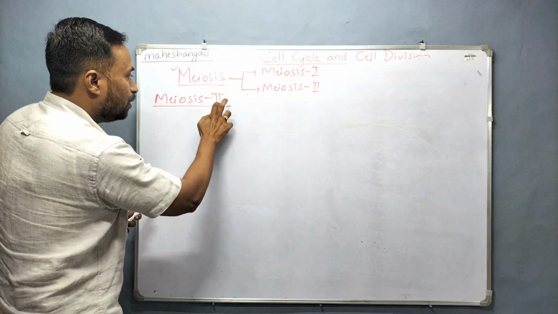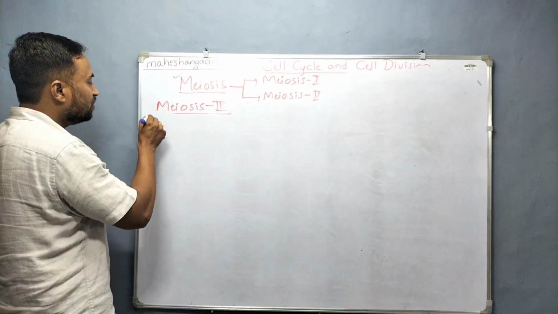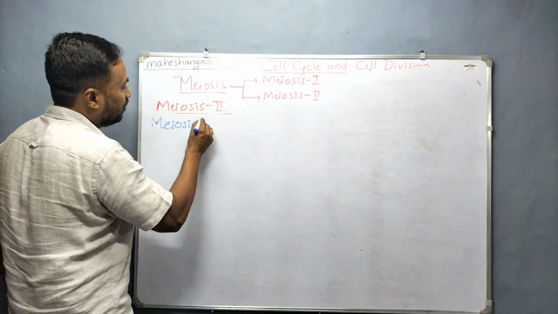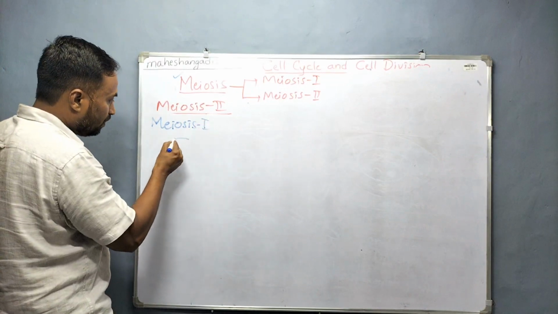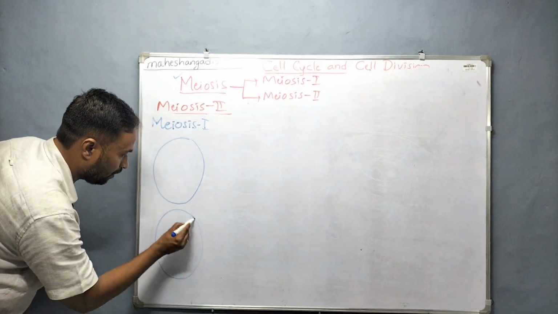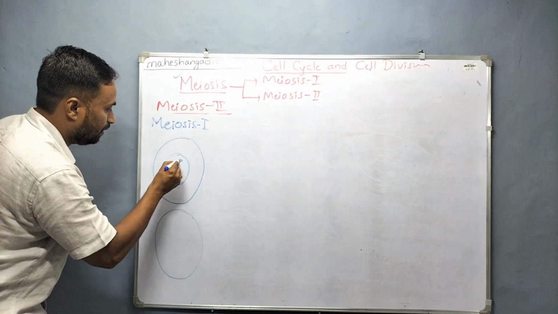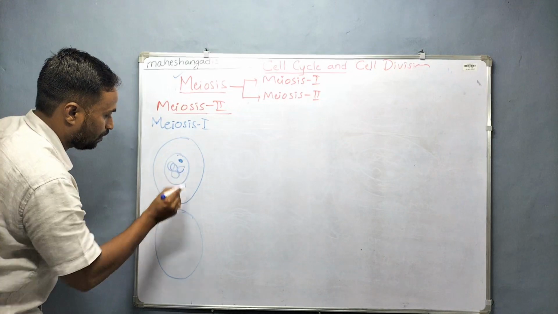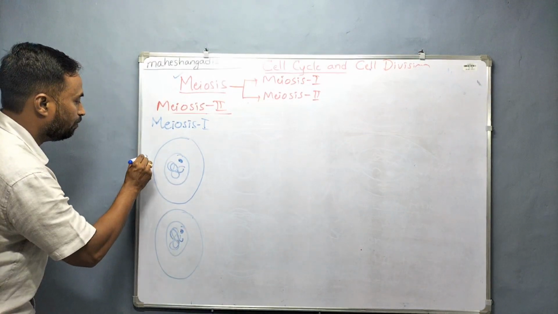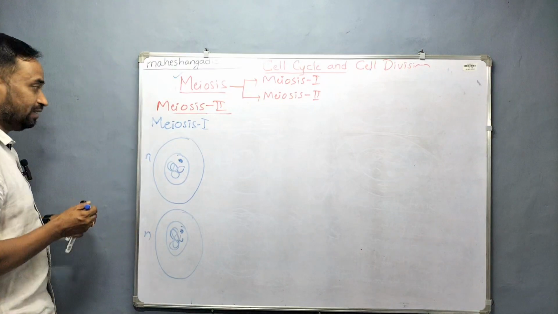But by the end of meiosis 1, two daughter cells are formed. They look something like this. Two daughter cells are formed and they are haploid in nature.